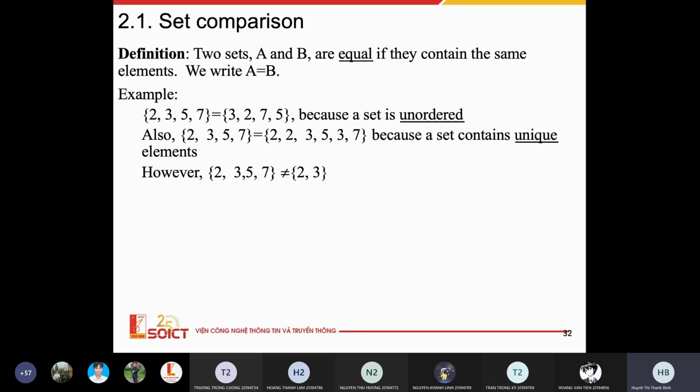We have two sets, A and B, which are equal if they contain the same elements, and we write A = B. Here are some examples. In the first example, they are equal because a set is unordered. In the second example, the two sets are equal because a set contains unique elements. However, in the last example, the two sets are not equal.